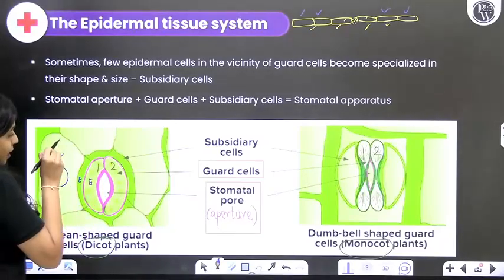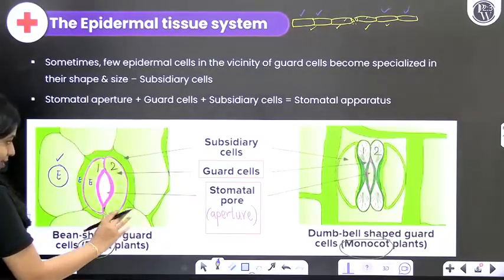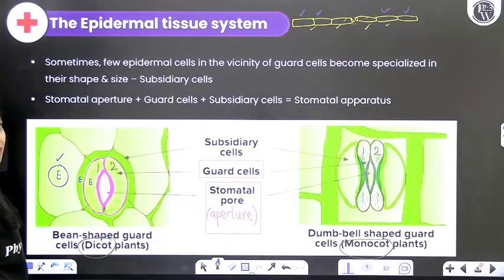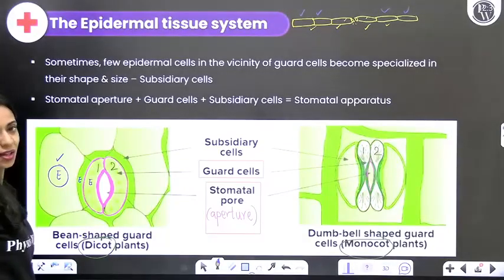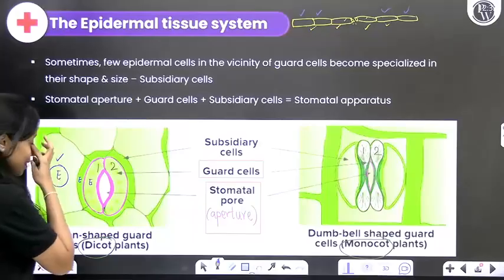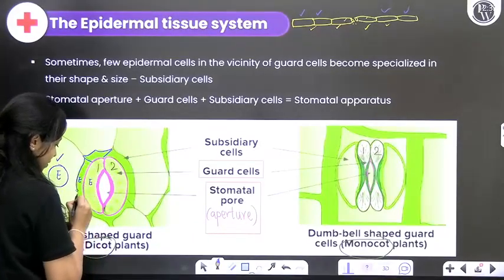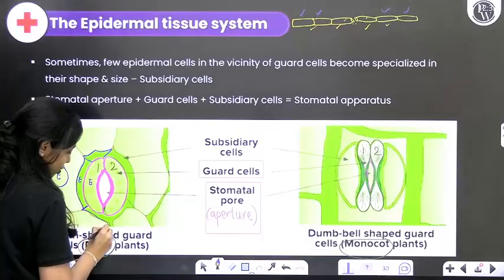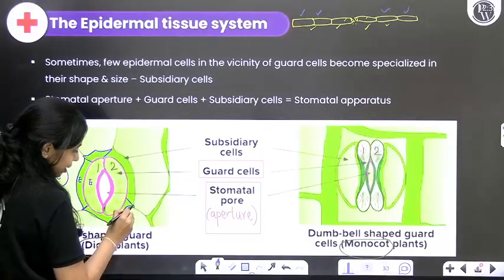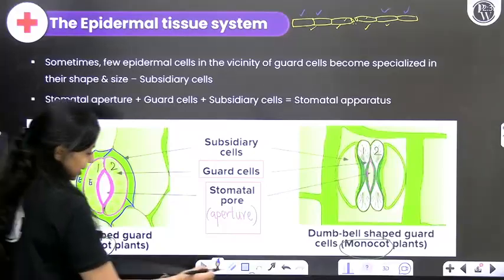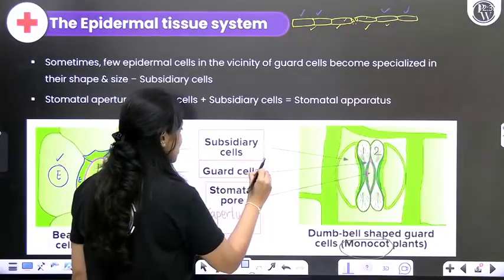Now, the cells of the epidermis in the immediate vicinity of guard cells, right next to the guard cells, like the immediate neighbors, not like two streets away, not like two houses away, just the house next to yours, you will find that some epidermal cells look a little different, right? They are specialized and they will appear a little different from the other epidermal cells. These have a special name. We call them subsidiary cells.